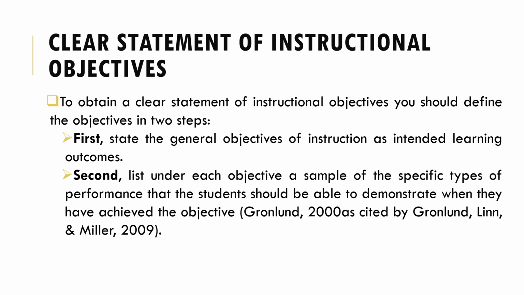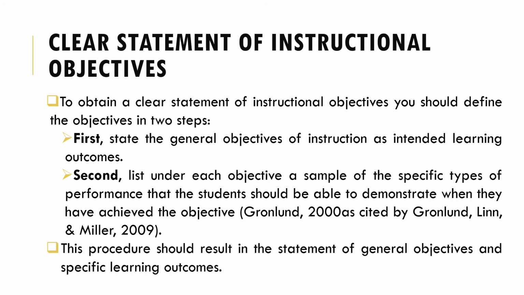Now, coming from the general statements, you will create your specific types of objectives, the list of objectives specifying the type of performance that you want your students to exhibit or to perform. Okay. Now let's try to look at this example. So this procedure should result in the statement of general objectives and your specific learning outcomes.